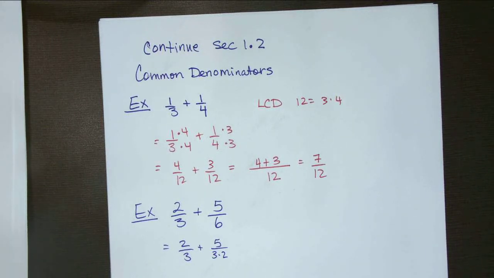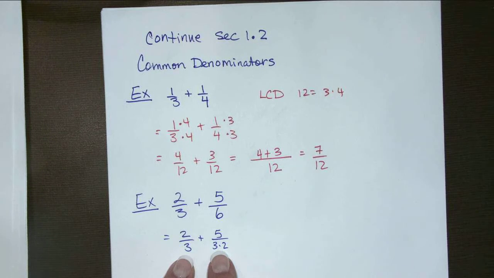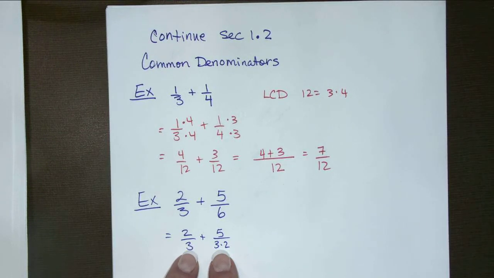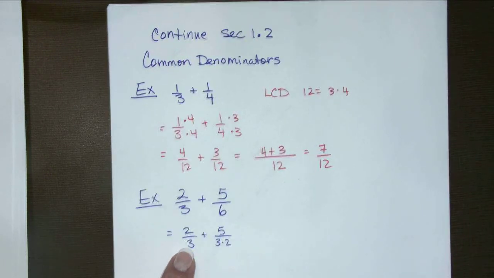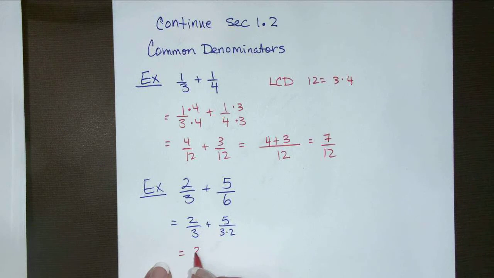But if you can remember that this is what you're actually doing, you're not just jumping to the 6. So 6 is 3 times 2. Do you see they already have a 3 in common? So for them to be equal, the first one needs to have a 2, and if you put the 2 on the bottom, you need to put it on top. And now they've both got a 3 and a 2.